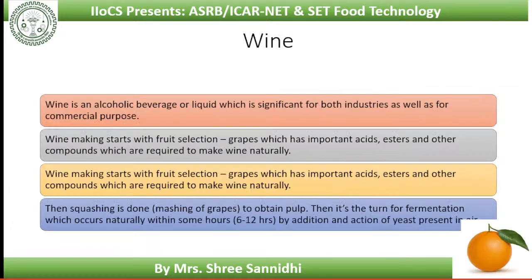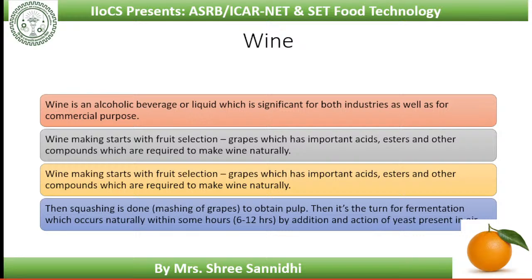Next is wine. Wine is an alcoholic beverage or liquid which is significant for both industrial as well as commercial purposes. Wine making starts with fruit selection. The common wine available is grape wine, right?